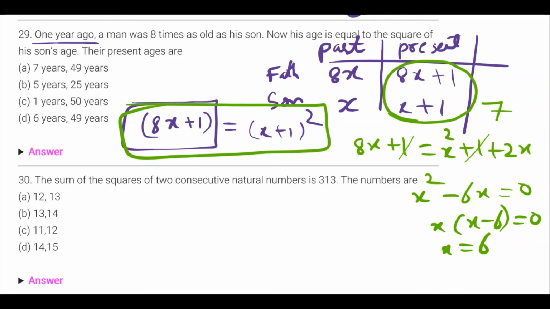And the father will be 57 years. So the present ages are 7 and 57.